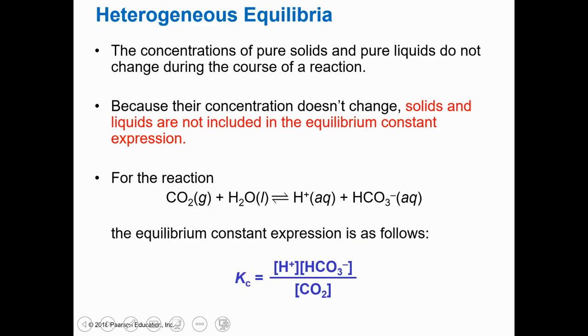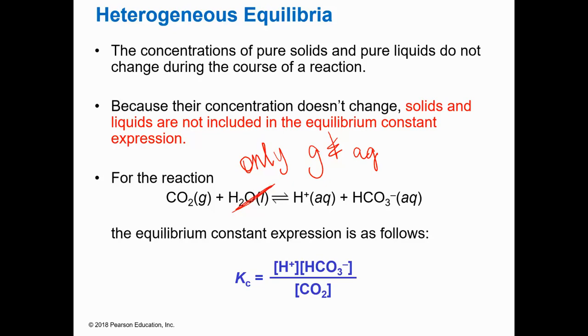Another thing I need you to know is that solids and liquids are not included in our equilibrium expression. So only gas and aq. Those are the only ones. We leave liquids out completely, and if you look at this reaction, they did not include this liquid water.